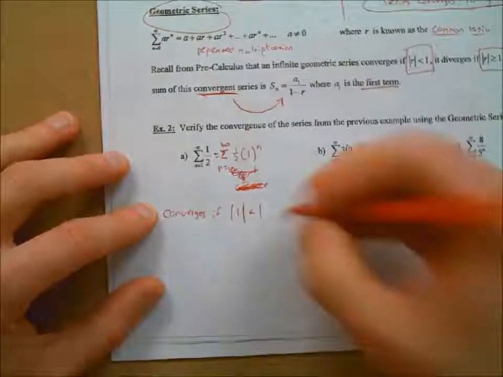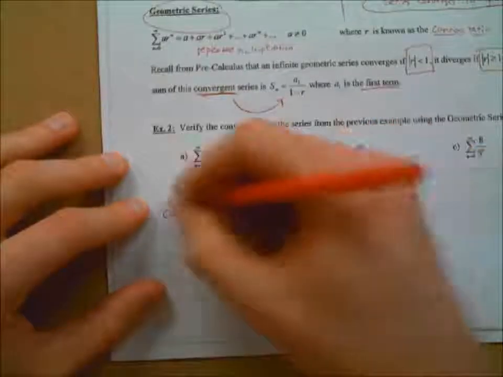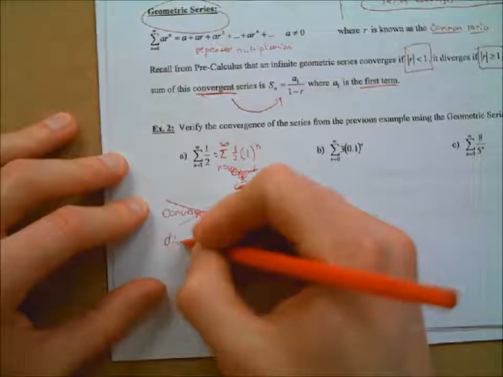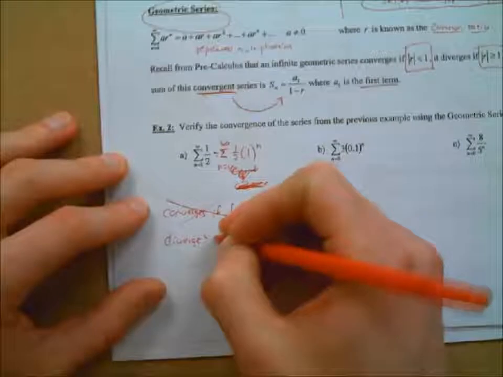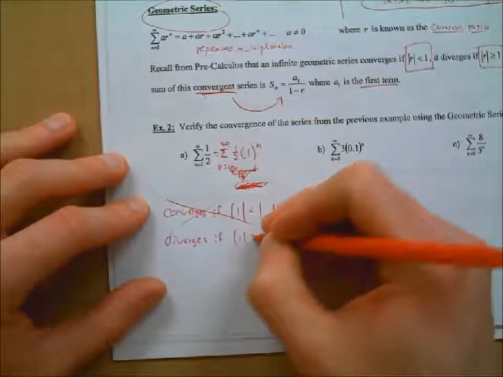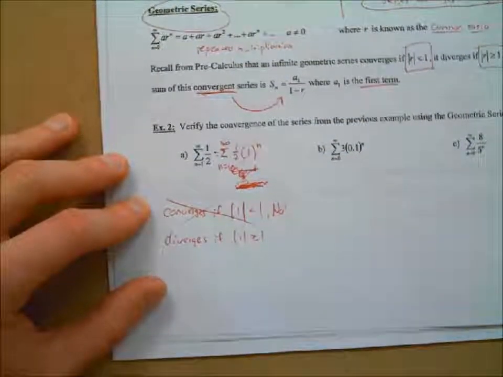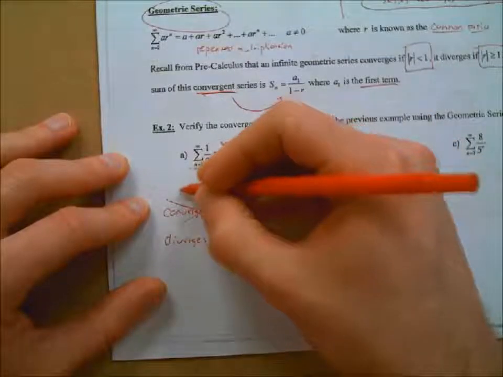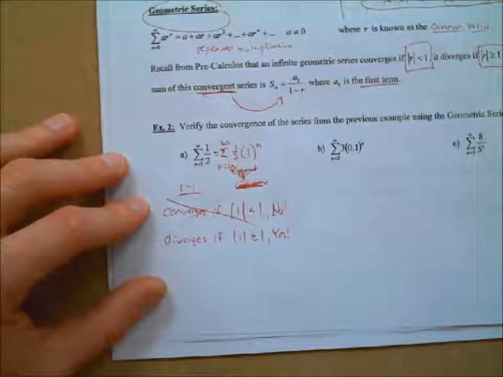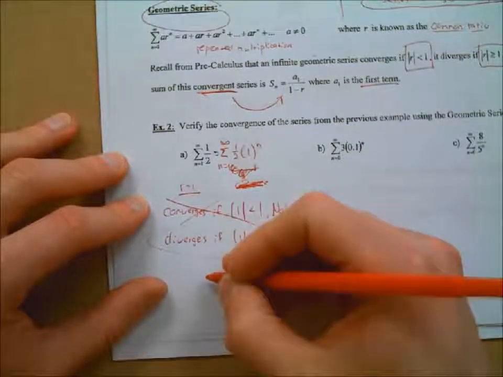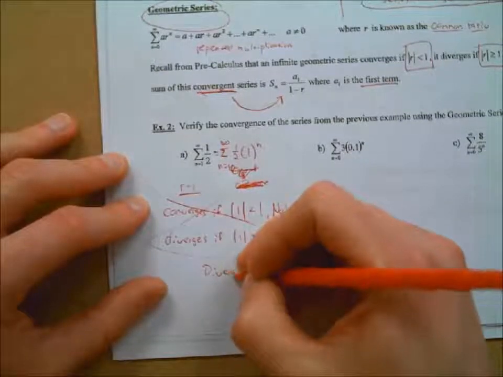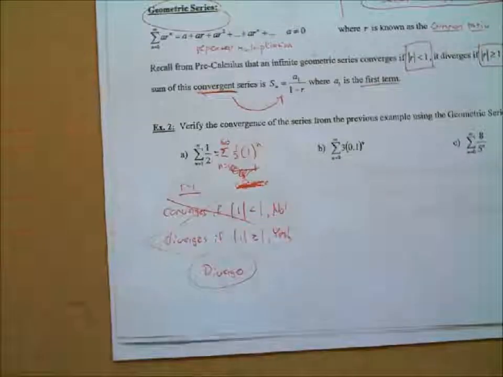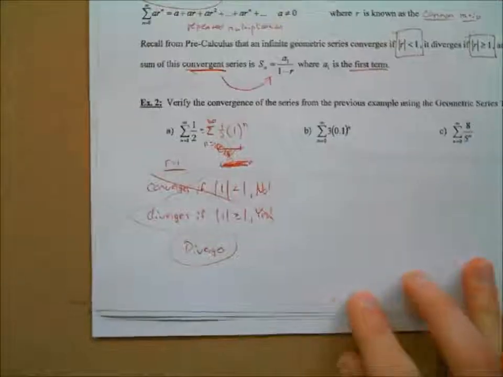No. So it will diverge if the absolute value of 1 is greater than or equal to 1. Is that true? Yes. Remember here, r is equal to 1, and since that is true, then we know that it diverges. And there's no more work to be done, right? We only use that formula if it converges.